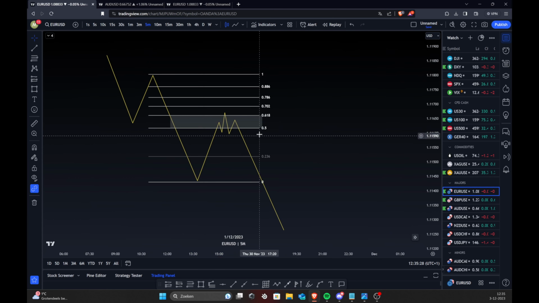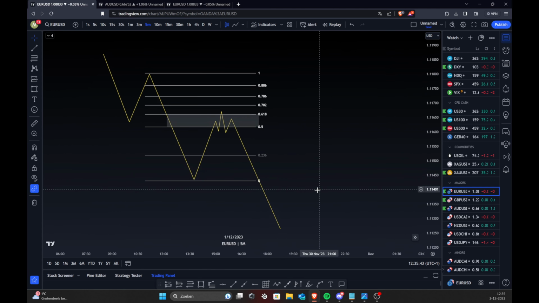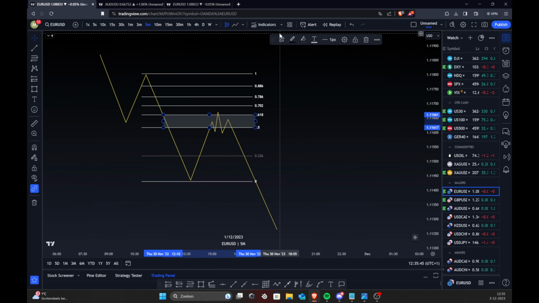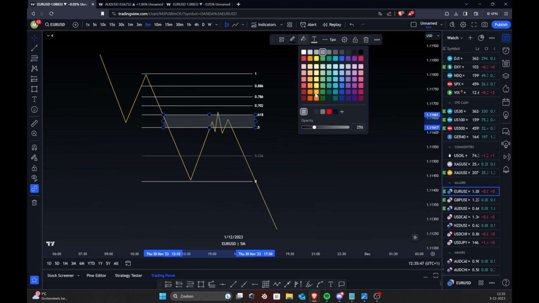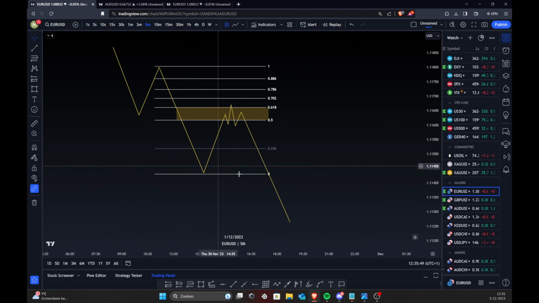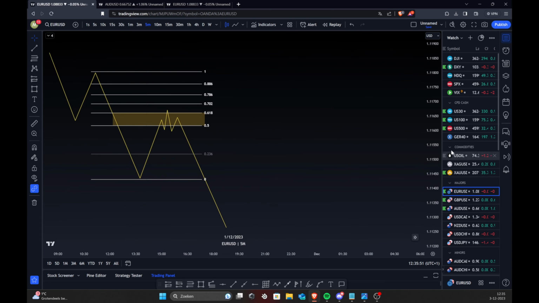And the reason for that is because a lot of times price just tends to respect this golden zone between 0.5 and 0.618, and from there reverse and continue to the downside, or upside in an uptrend. So let's mark this out as our golden zone, and from there we look for confirmation.